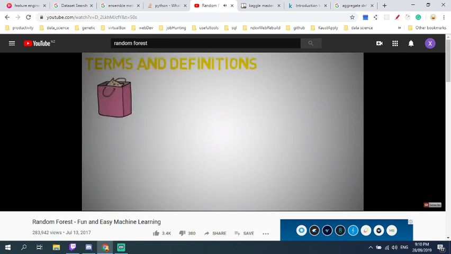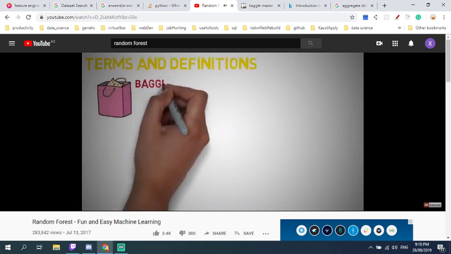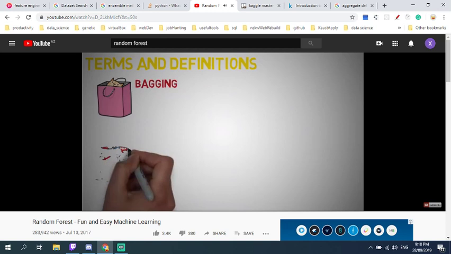Before we end the lecture, let's take a look at some terms and definitions that you might come across, such as bagging and boosting.